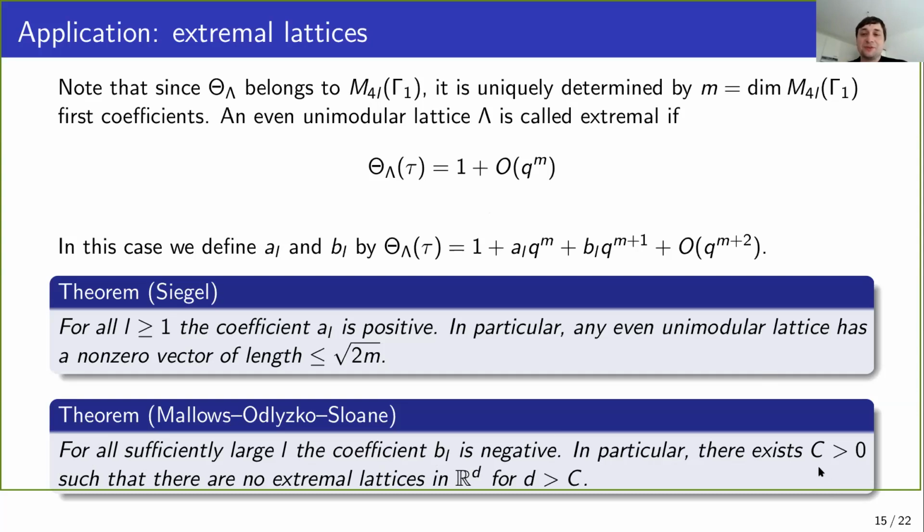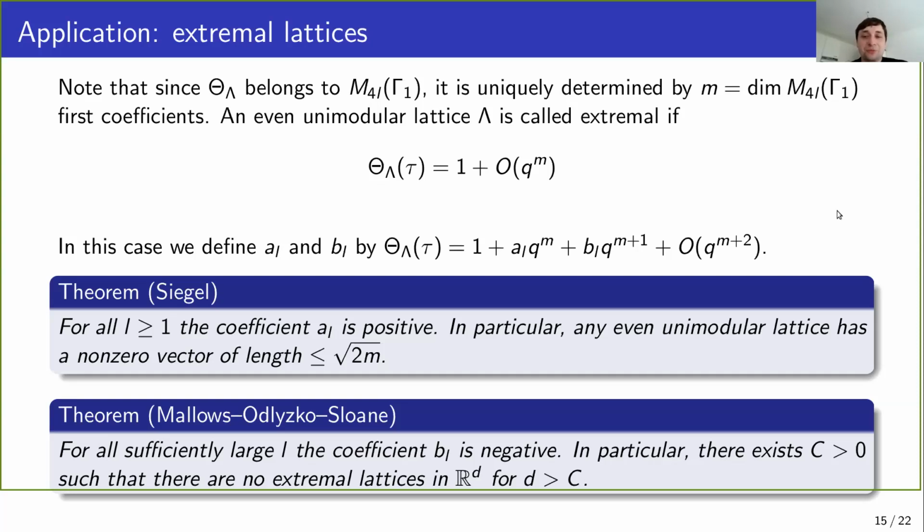I should mention that this is a non-empty definition because there are extremal lattices. When m is 1, any even unimodular lattice is extremal. We also have explicit examples: the E8 lattice is extremal and the Leech lattice is extremal.